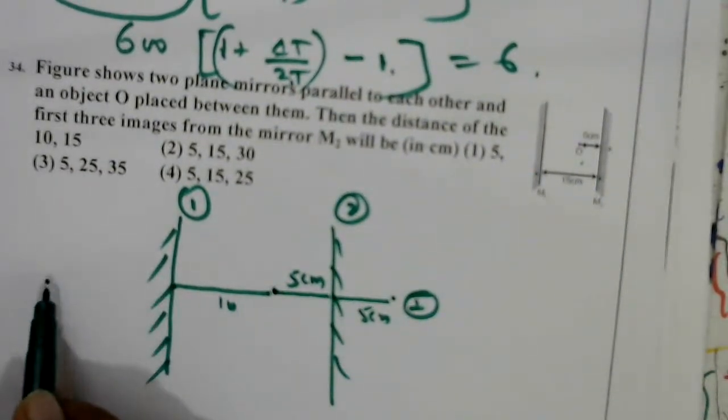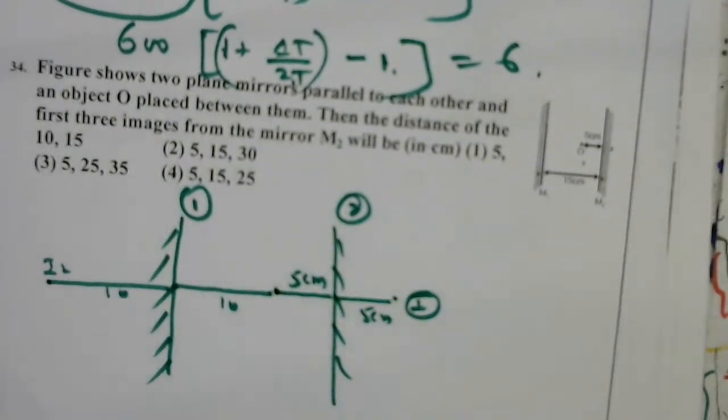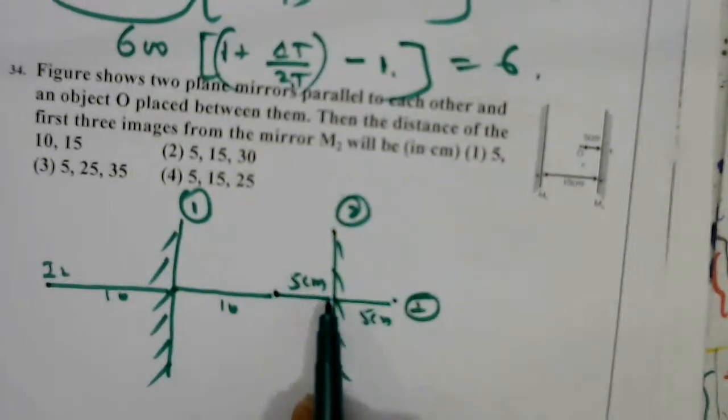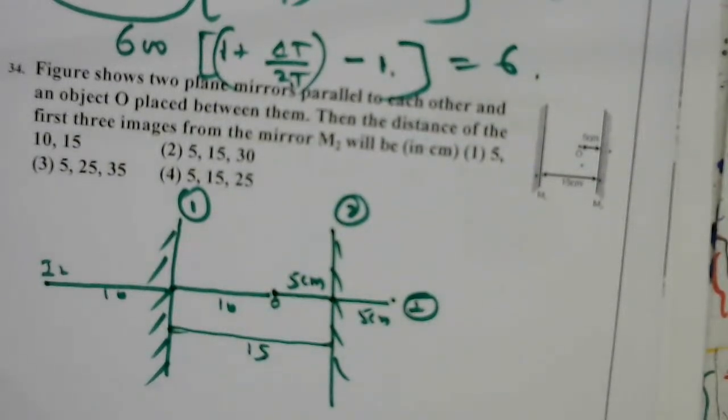Here also I2 will come. From here to here it is 10. But actually, measure from the second mirror. Between these two it is 15, 15 plus 10, 25. The position of the second image will be at 25.